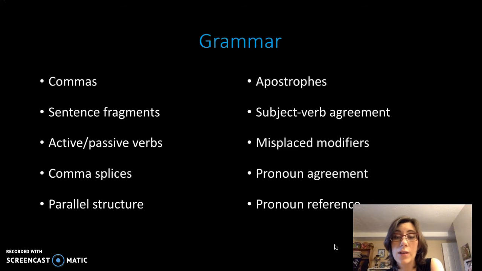Okay, if you need a refresher on any of these, just go back. They should all be relatively fresh since this is only a 7-week course. So remember, grammar is the last thing you do, but it's just as important as anything else. You don't want your tie to be mistied when you go to your interview, okay? Think of this as the final touch.